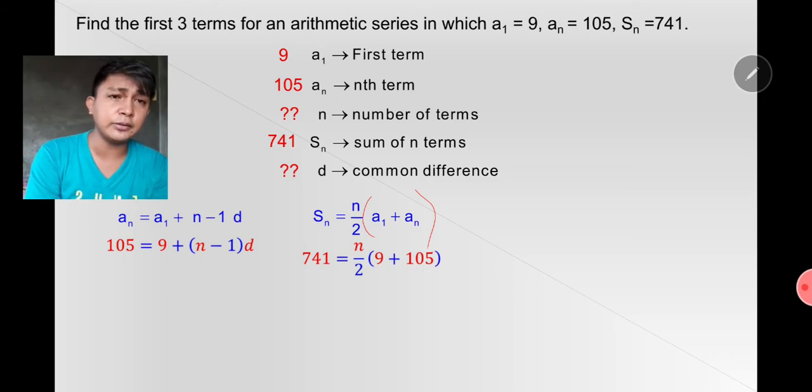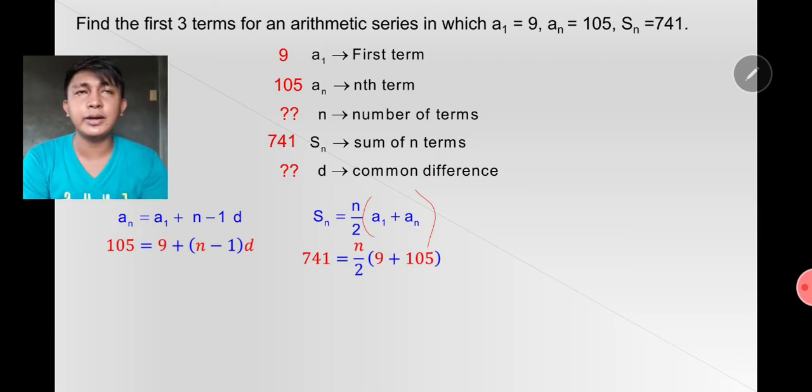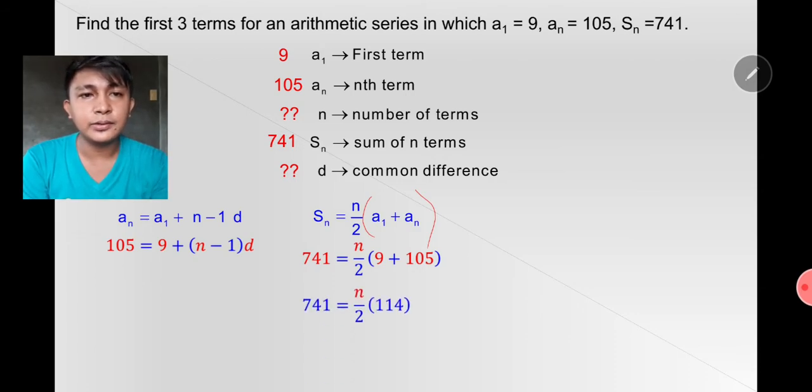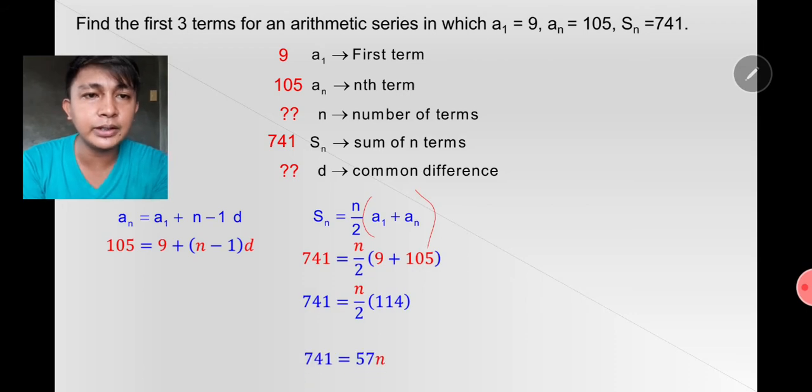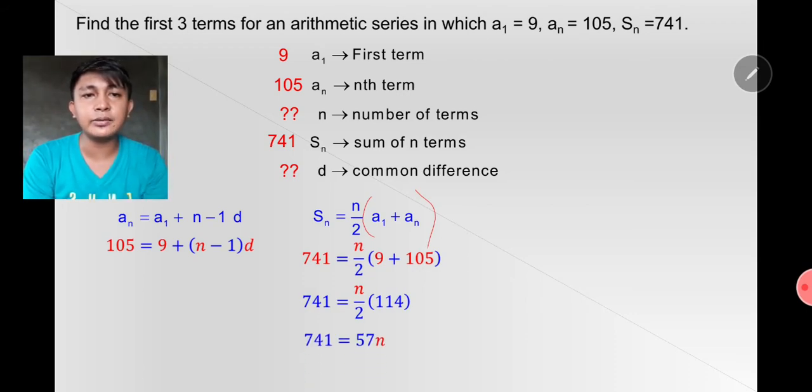So, 9 plus 105 is 114 times n. 114n divided by 2, which is 57n. Okay, 741 divided by 57, we get n equals to 13. So, there are 13 terms.